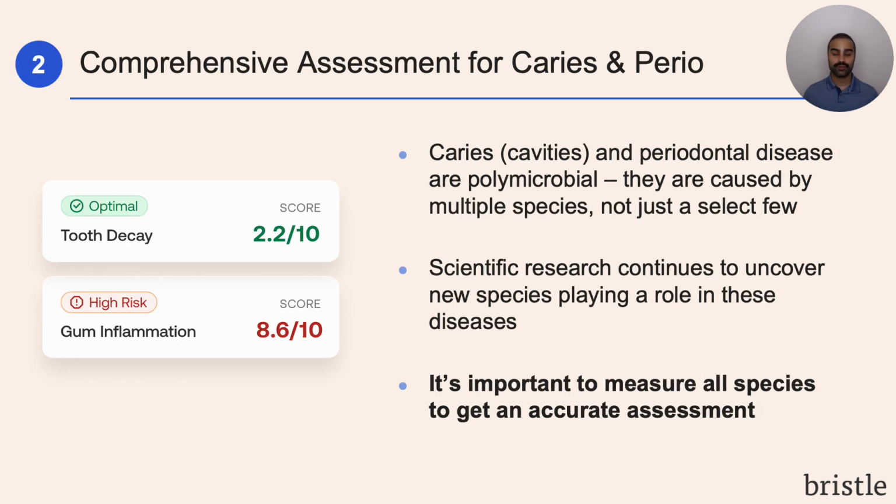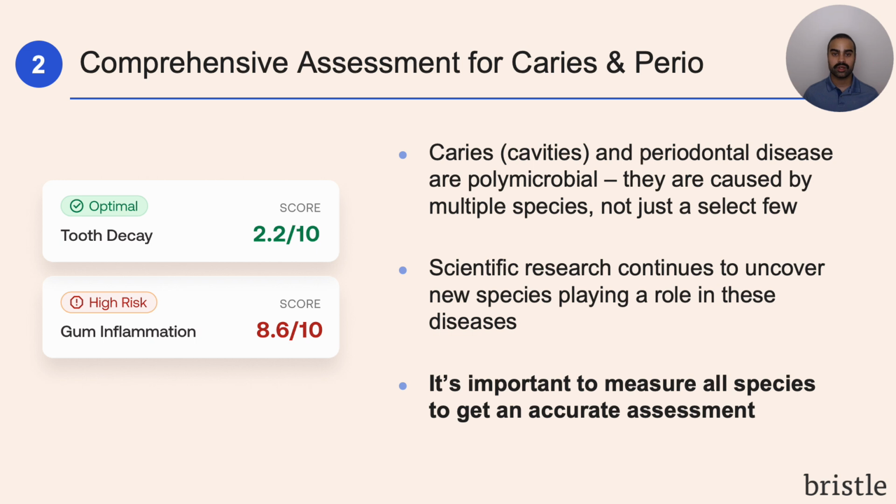Moving on to number 2, Bristle gives a more accurate profile for caries and periodontal disease. Both of these diseases are polymicrobial, which means they're caused by communities of species interacting with each other, rather than just a single pathogen like strep mutans or P. gingivalis. With the Bristle test, you're not limited to just getting a few of the contributing species.